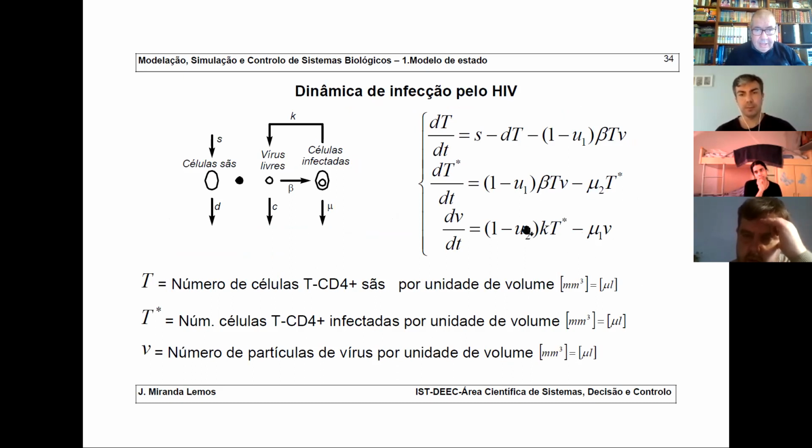Let's suppose that u1 and u2 are 0, so these terms between brackets disappear. How many solutions does this system have? Of course, you can compute them by pencil and paper, but could we have just one equilibrium point?